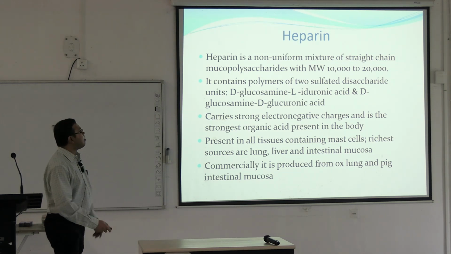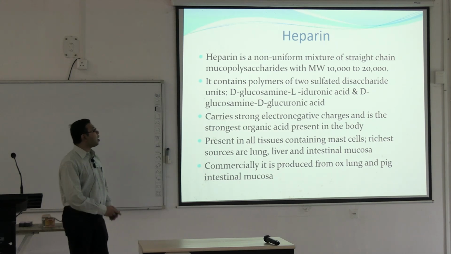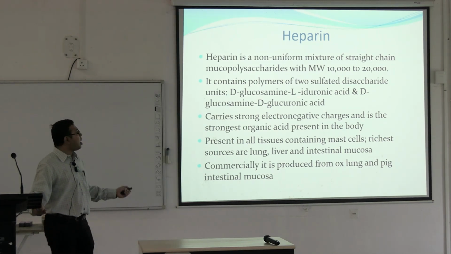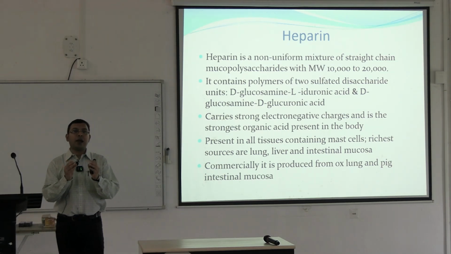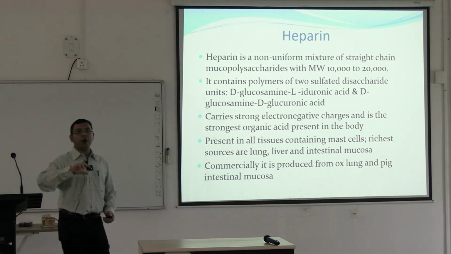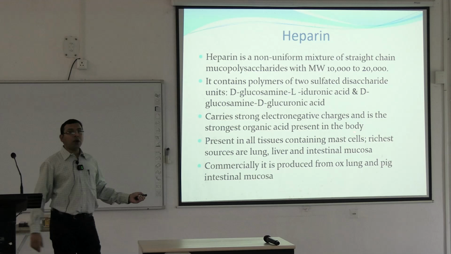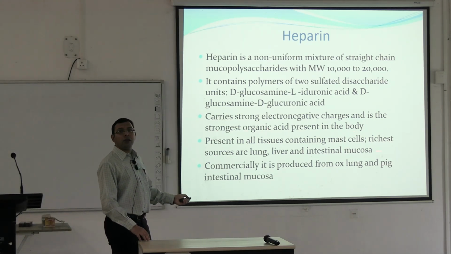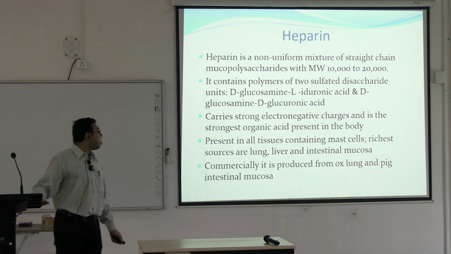It contains two polymers of sulfated disaccharides: one is D-glucosamine L-iduronic acid and another is D-glucosamine D-glucuronic acid. These sulfated polysaccharides are added to one another and different long chains are formed, with a mucopolysaccharide or glycosaminoglycan-like structure. They carry strong electronegative charges, and heparin is the strongest organic acid present within our body.